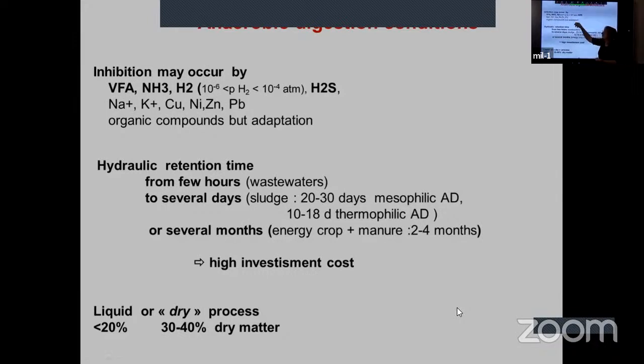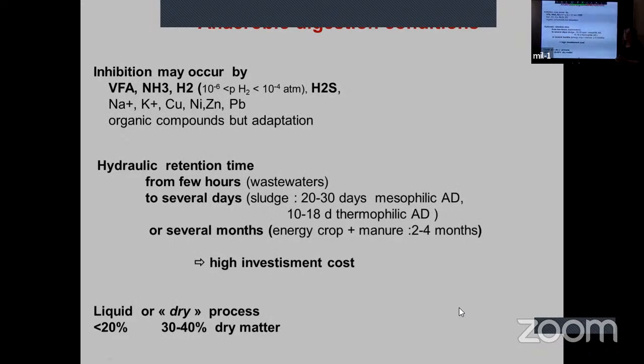So you should consume it as soon as it is produced, and the partial pressure should be between 10^-6 and 10^-4 atmosphere. It can also be inhibited by H2S and some metal concentrations if they are too high. Some organic compounds, such as micropollutants, can also inhibit the anaerobic digestion, but we can also develop some mechanism of adaptation of the microorganisms.